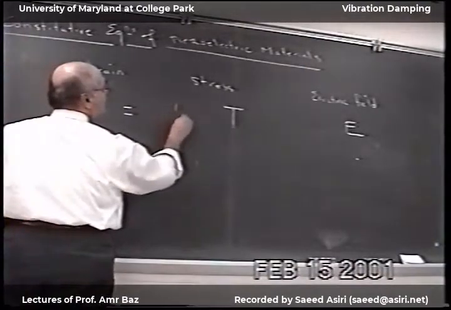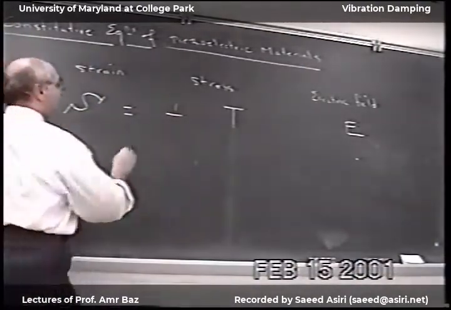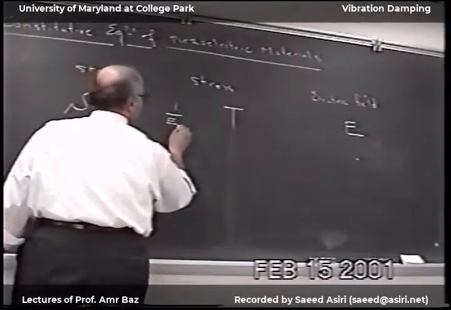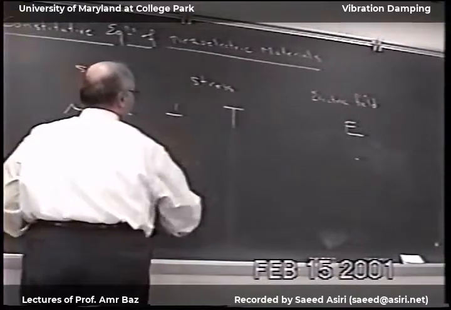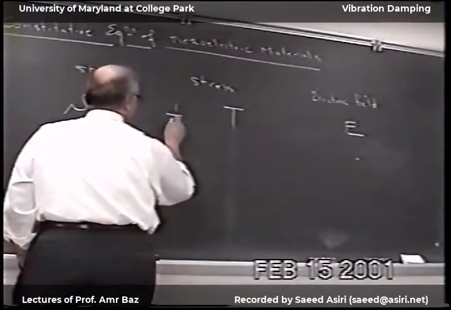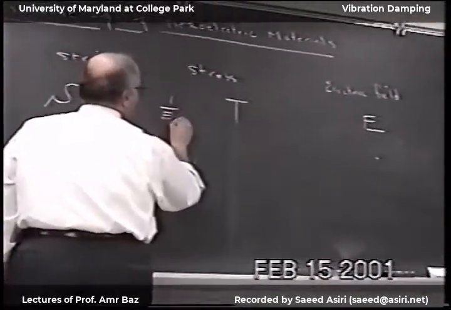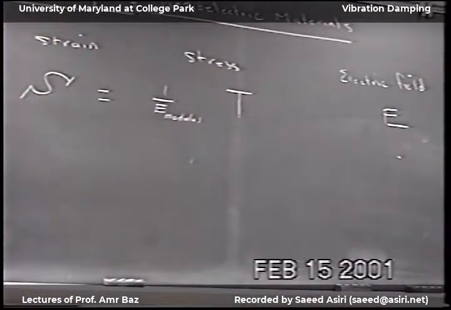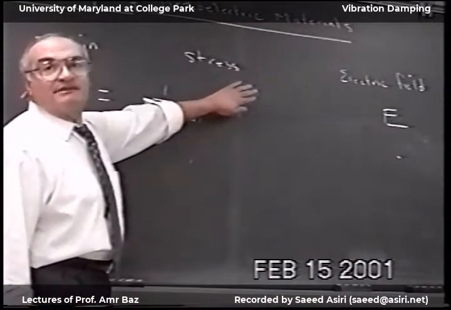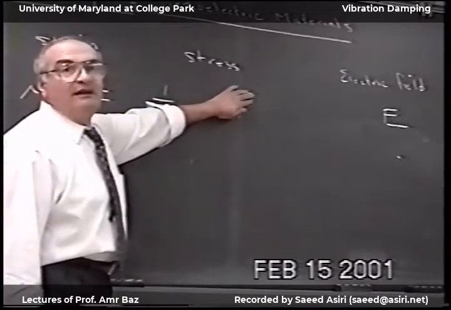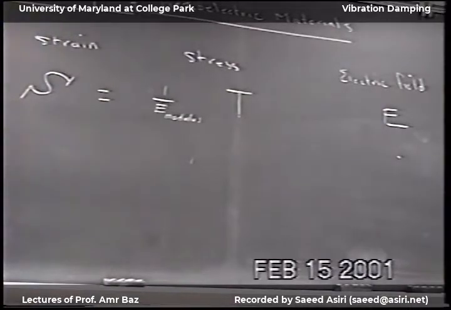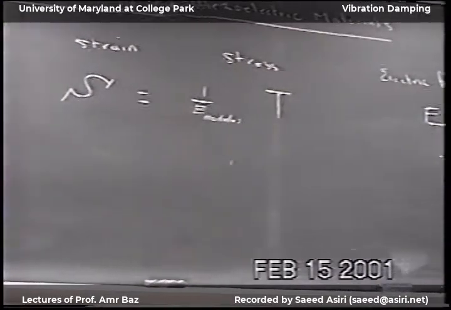We can say here it is 1 over Young's modulus, and we'll just say here E modulus for now. We'll give it a better name in 1 minute. Okay? And then, if we don't have any stress acting on the material, and we apply electric voltage, then this material will expand.